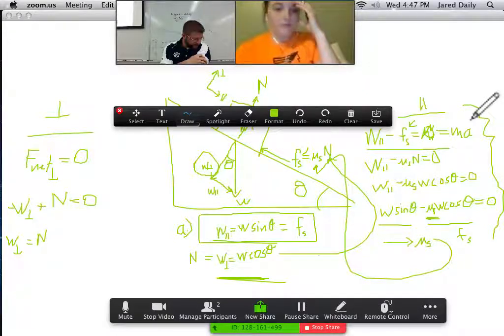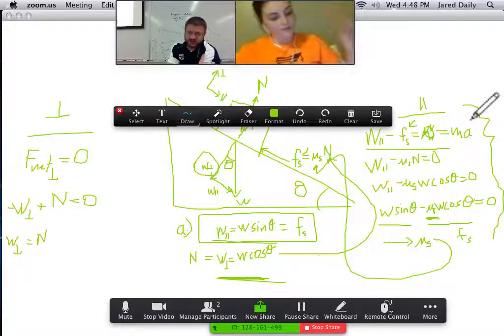And is my normal force still going to be the weight perpendicular? Yep. Normal force doesn't change.